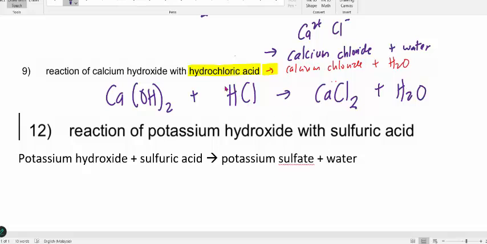Balance the equation, 2, 2. Did you get it correct? Yeah.